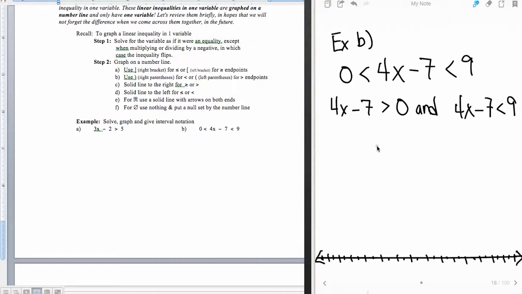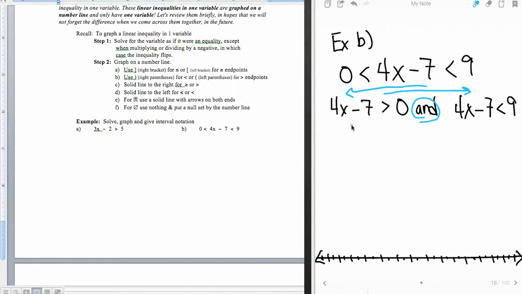Okay, remember our compound linear inequality, and it actually is the statement of two simple linear inequalities. So reading from the middle to the left, and then also reading from the middle to the right. So we have 4x minus 7 is greater than 0, and at the same time, this is the key, 4x minus 7 is less than 9.